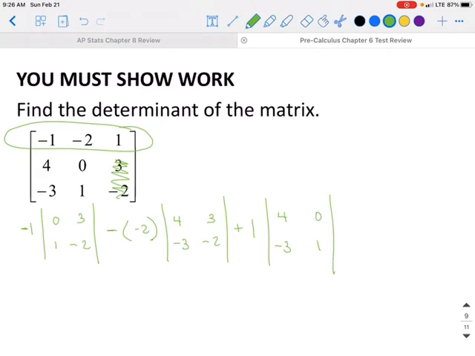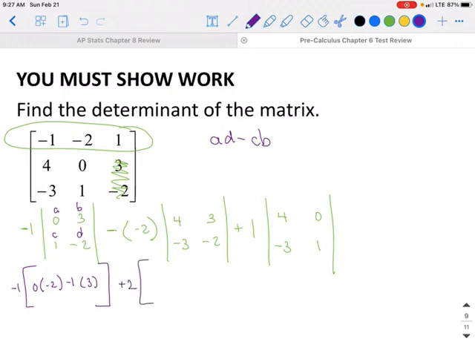Now this means find the determinant. This is the exact same thing we just did on the last one. This is A, B, C, and D. And remember, to find the determinant, it's going to be AD minus CB. So I'm going to do negative 1 times A times D minus C times B. Minus a negative, I can turn that to a plus.